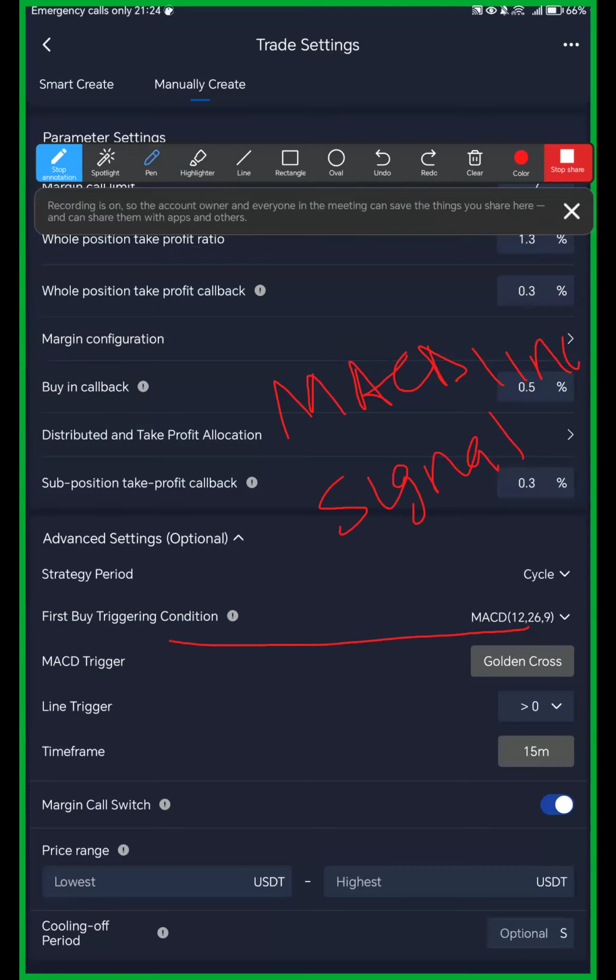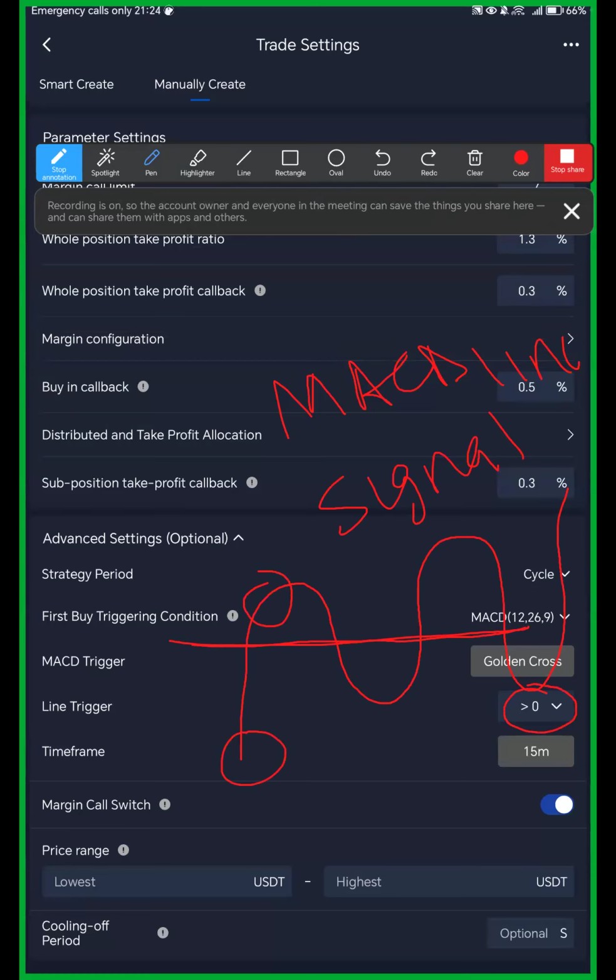So there is a 0 line here, and the two lines normally move on this line. The crossover can happen above or it can happen below. That's why you are seeing the 0 here.